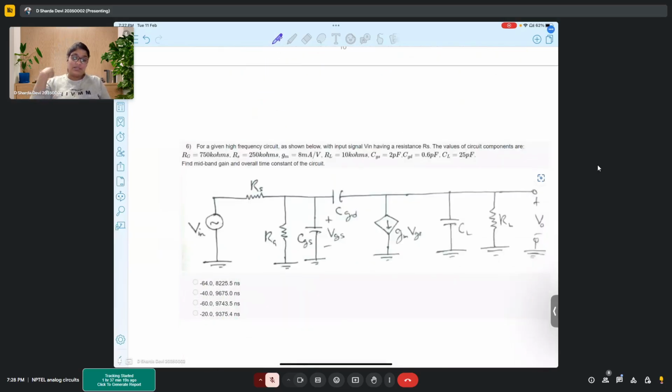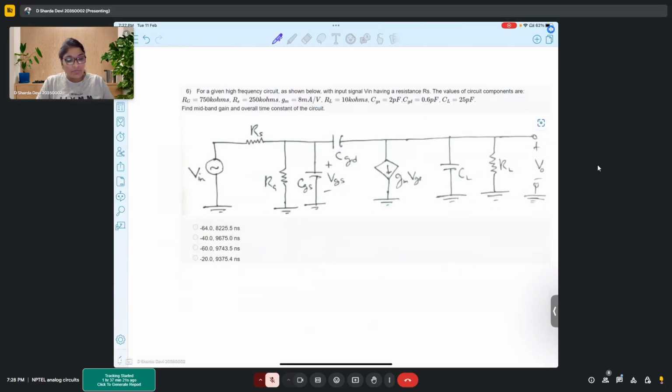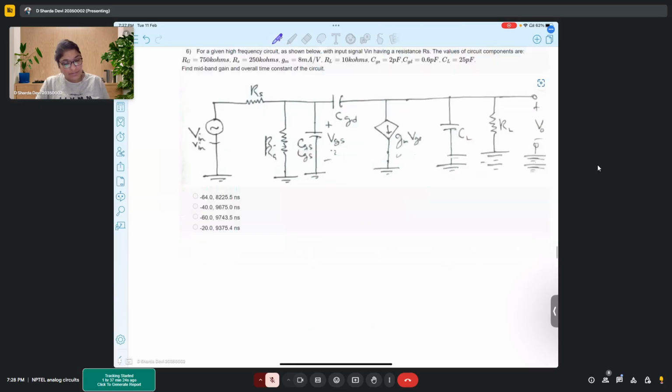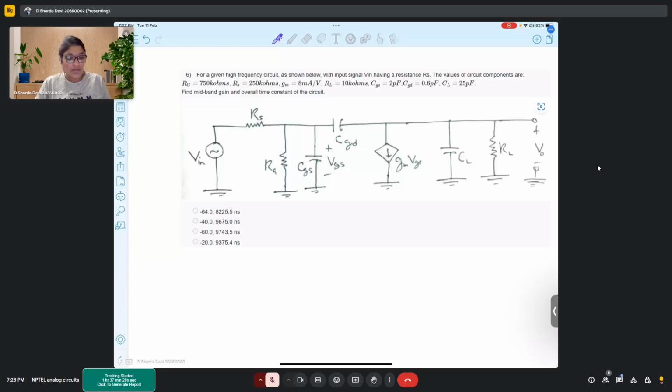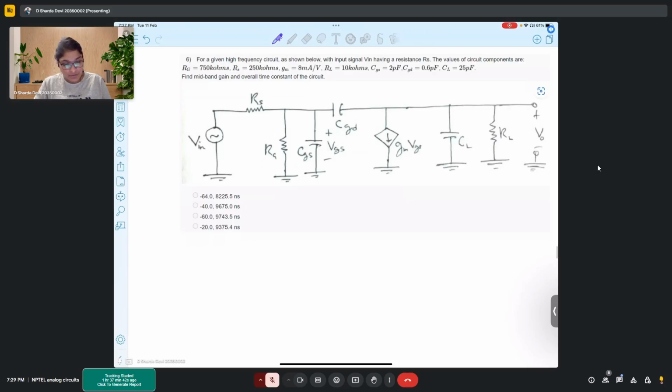Okay, so in this particular problem, this is again the small signal model of the same MOSFET itself, but here the capacitors and biasing resistors have also been introduced. So basically, how this would look like: this is the MOSFET with gate, drain, source.